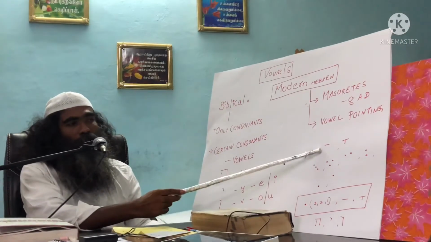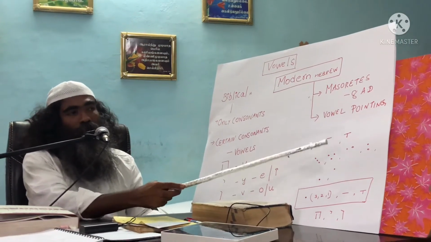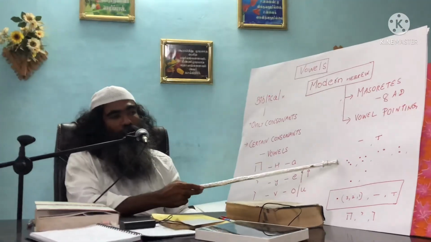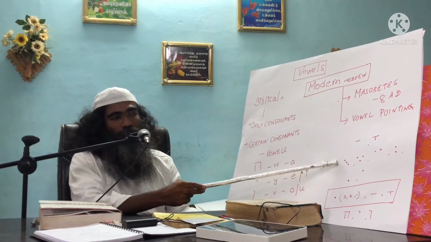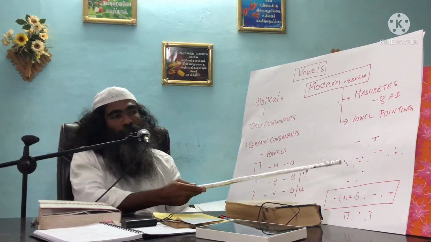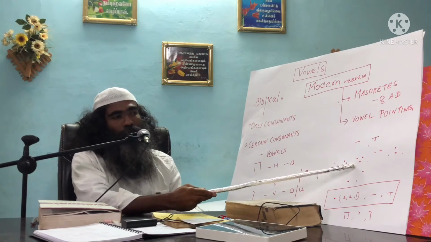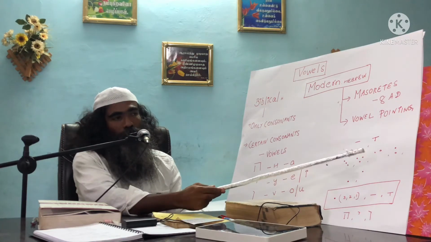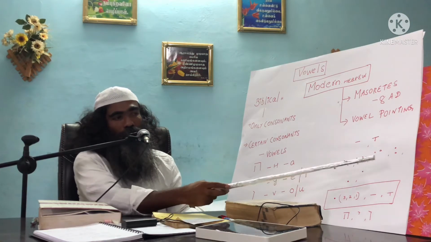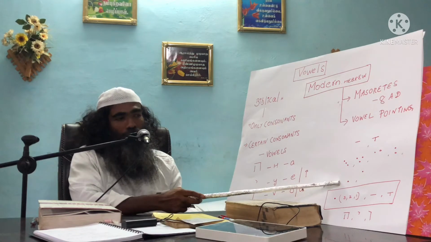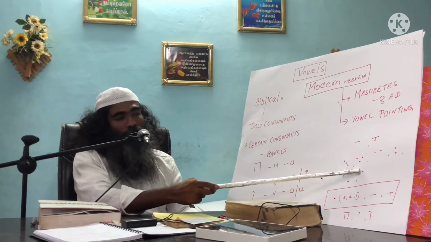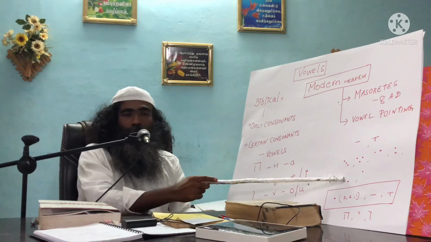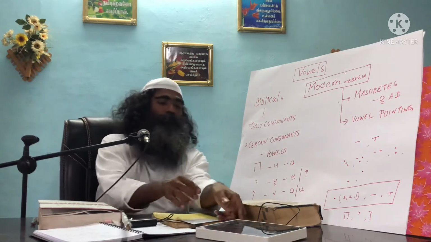A horizontal line, then 3 dots written slantingly, 3 dots written in a triangular fashion, 2 dots written horizontally, 2 dots written vertically, a single dot below the letter, a single dot above the letter. This may be a bit confusing, but I will simplify it.